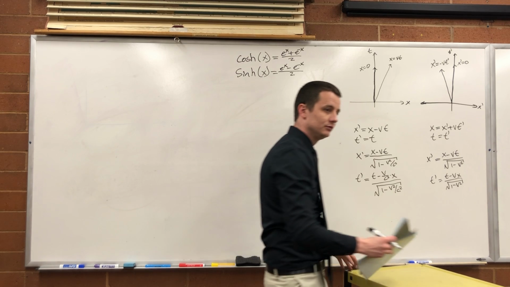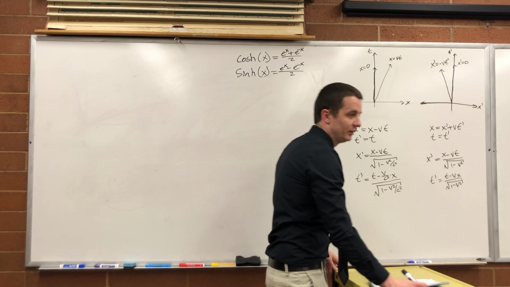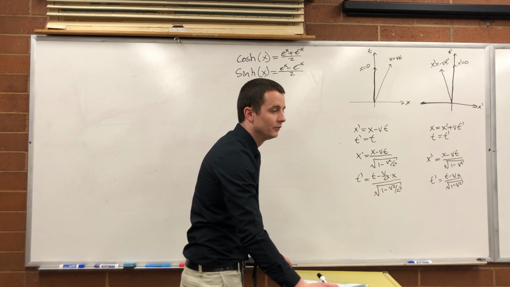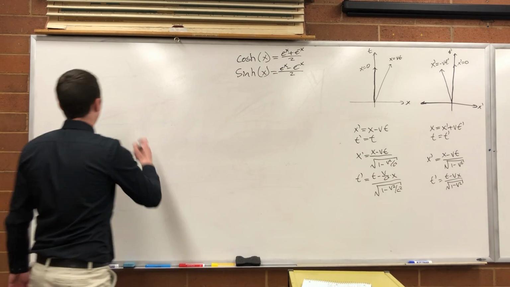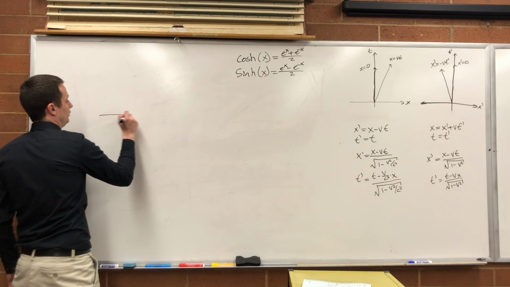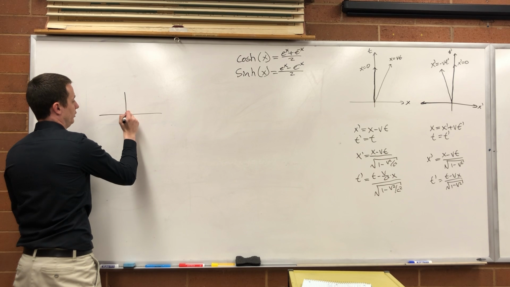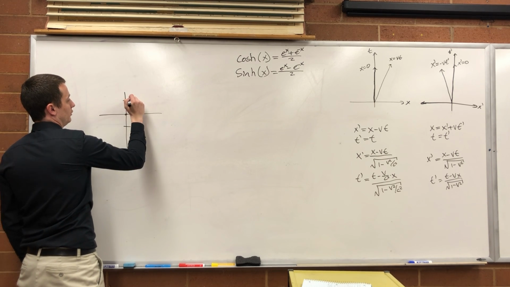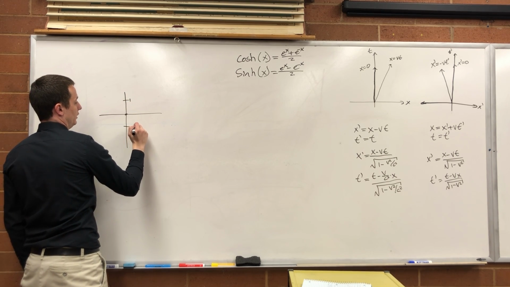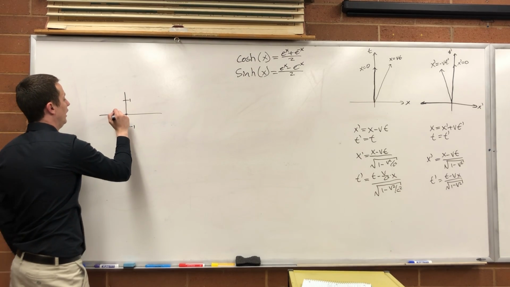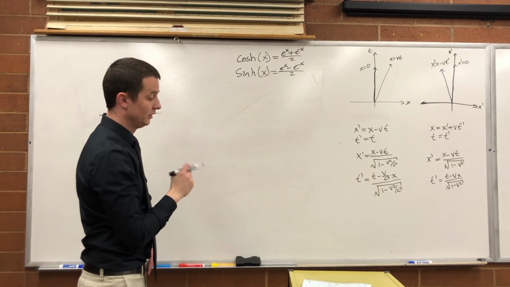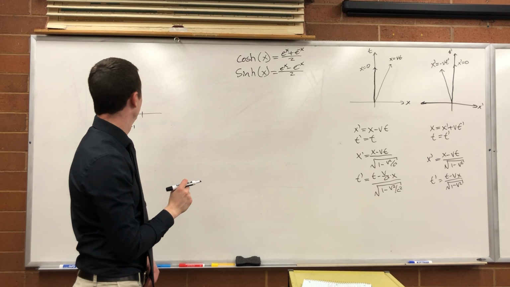Does that make sense? A hyperbola that goes from the origin, a unit 1. So if this is a unit 1, and this is a unit minus 1. I don't know. Let's plot some points here. We'll check to see if I did this right.